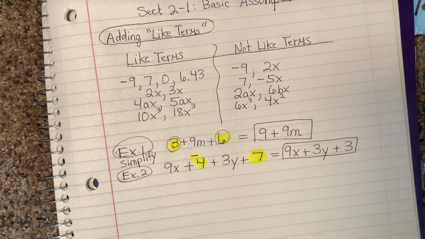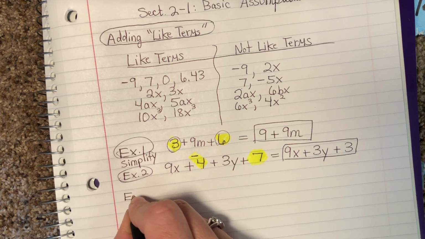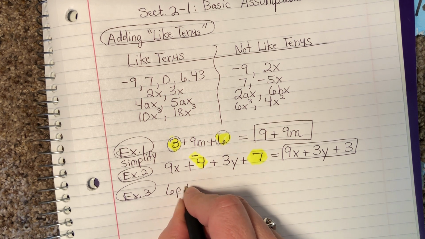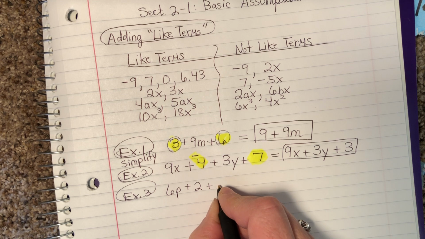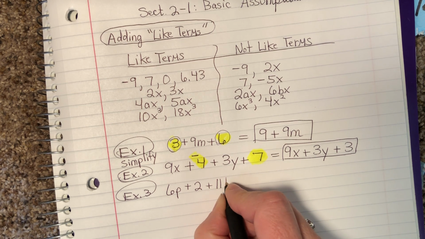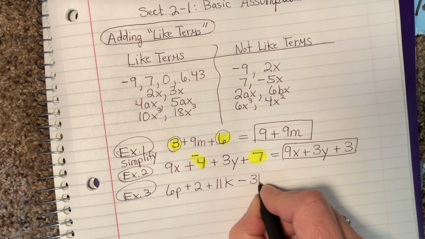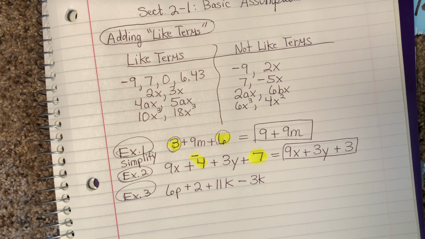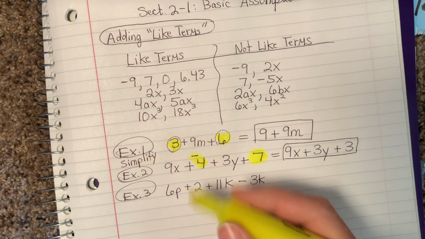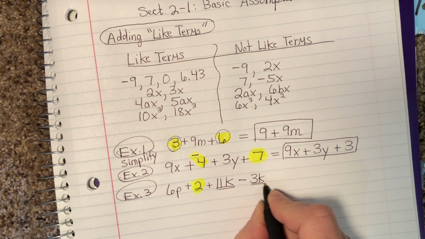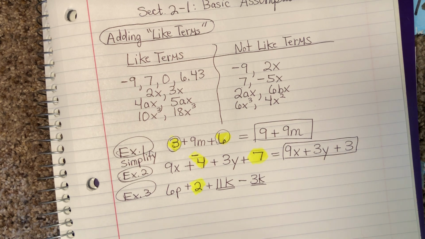Okay, let's see if there's any more like that. Let's do 6p plus 2 plus 11k minus 3k. All right, so looking for like terms, I have one number, and I have a k term that can add to a k term, and then the p term can't add to anything.